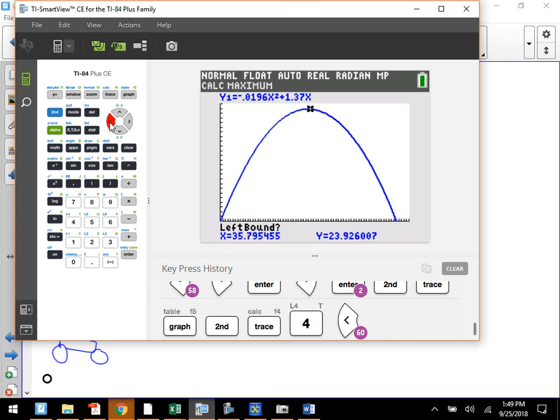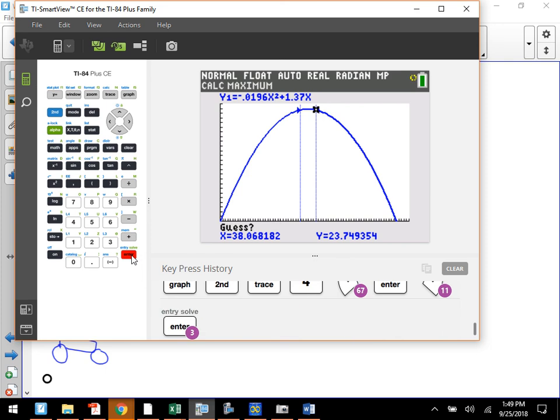Go to the right of it. 34.95, so roughly 35, and then that means the maximum was at 23.94 miles. So that's where it is. I would just round to make it quicker, to about 35. Okay.